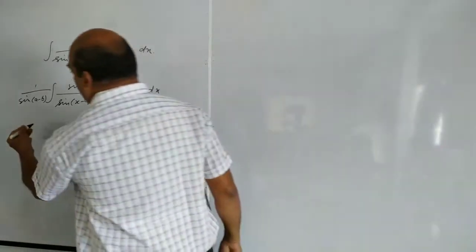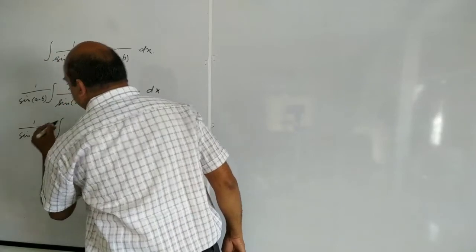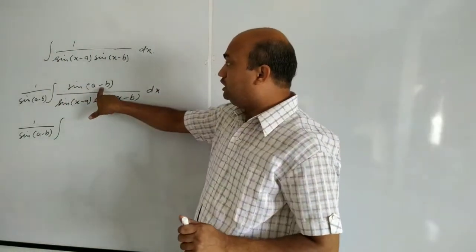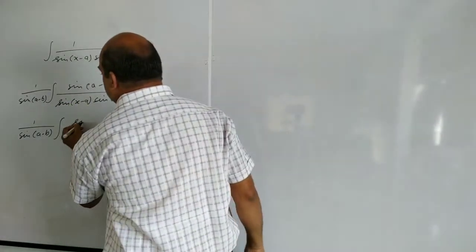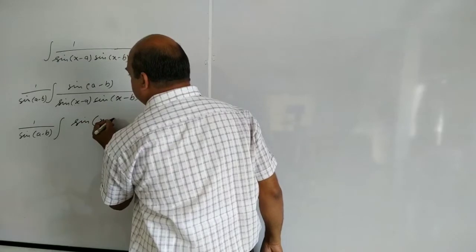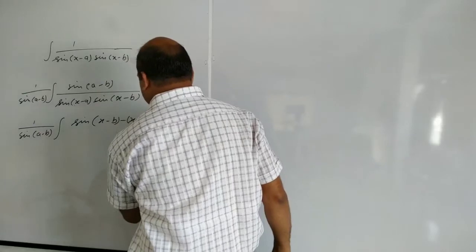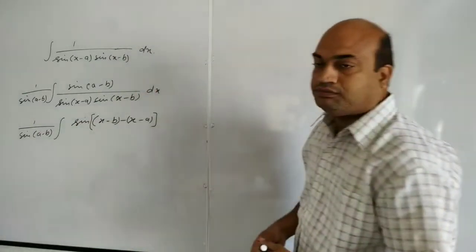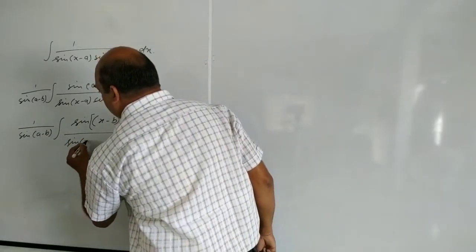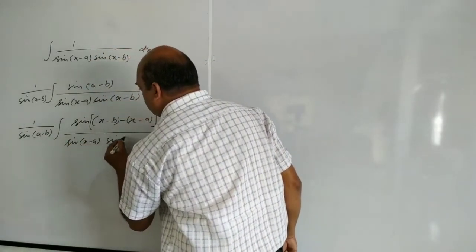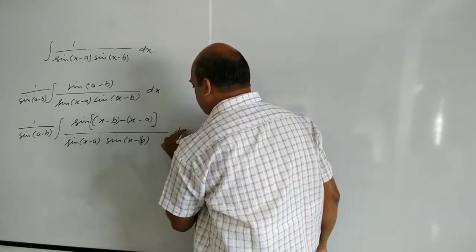Now what we do? It is 1 upon sin(a minus b) we write same, and here we add x and subtract the same. It can be written as (x minus b) minus (x minus a), and the denominator remains the same, sin(x minus a) into sin(x minus b) dx.